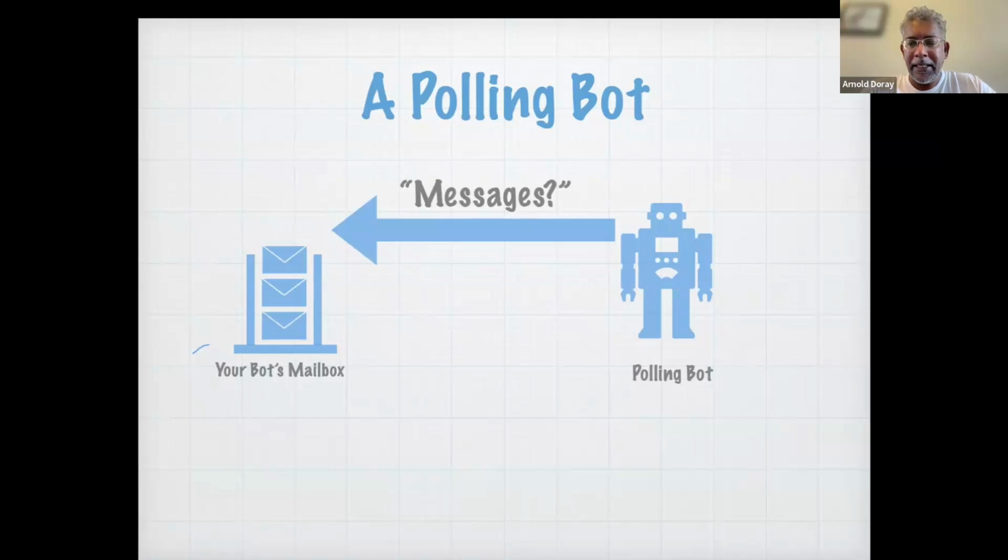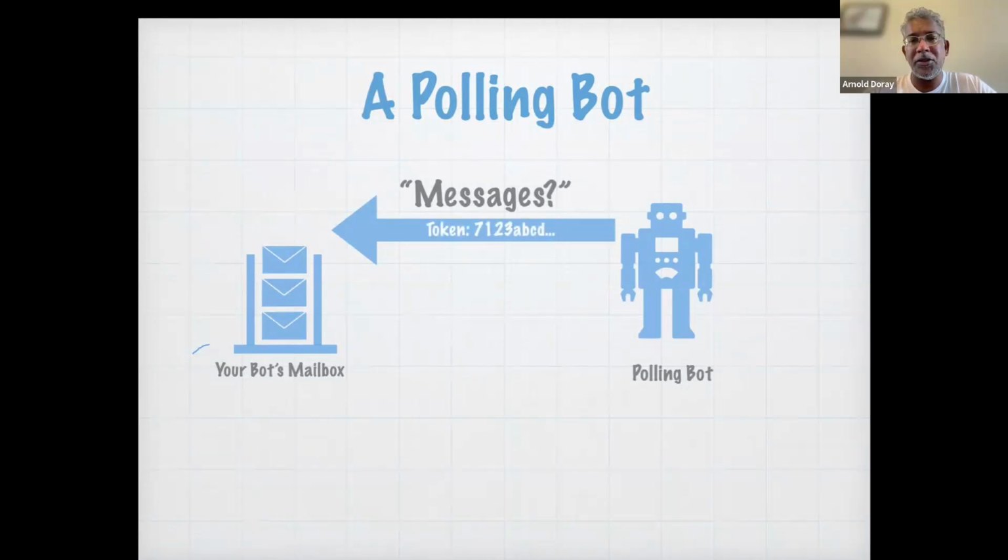Each time it asks that, your bot needs some way to verify with Telegram that it's the right bot. Otherwise, anybody else could ask my bot for messages and steal my messages, right? So that's not a good thing. The way Telegram enforces secrecy is to use the token.